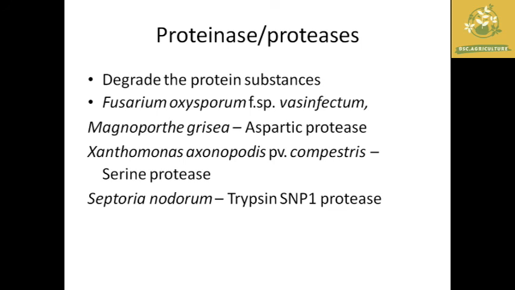So these are used for the degradation of protein substances. Some of the organisms which degrade proteins are Magnaporthe oryzae, Xanthomonas axonopodis, Septoria nodorum. So these are the proteinase producing pathogens.